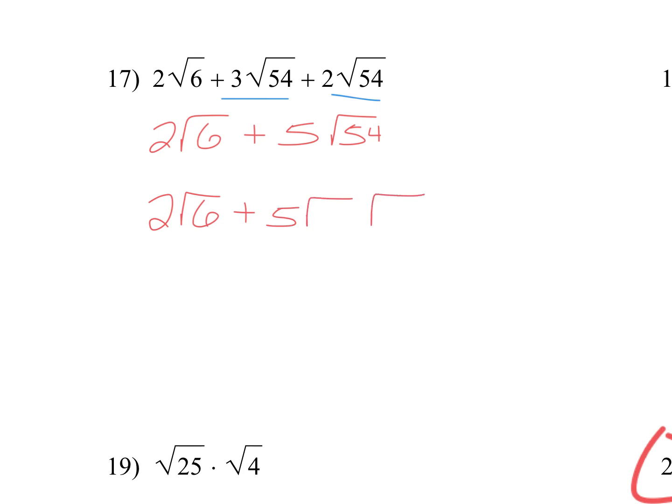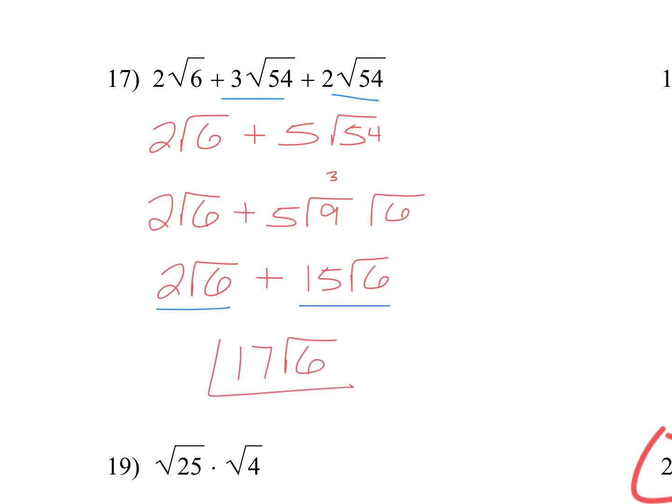What's a perfect square that goes into 54? 9, and then 6 would be the leftovers. So I have 2 square root of 6 plus, what's 5 times 3? 15 square root of 6. And now, are they like terms? Yep, so combine them to get 17 square root of 6.